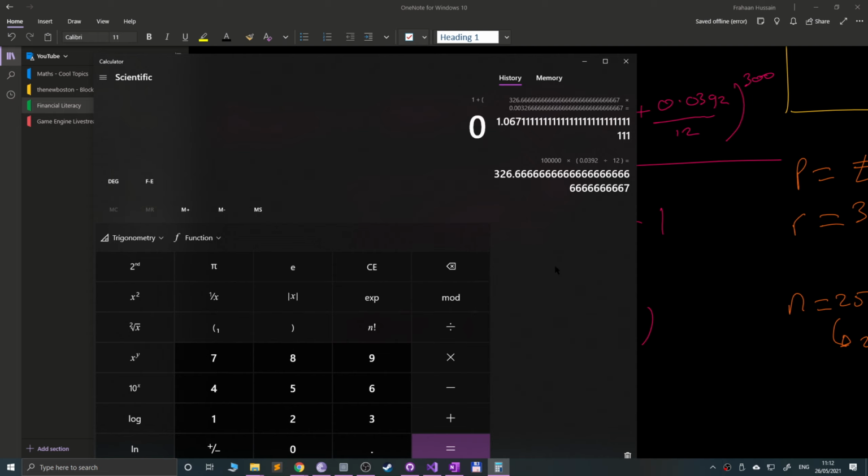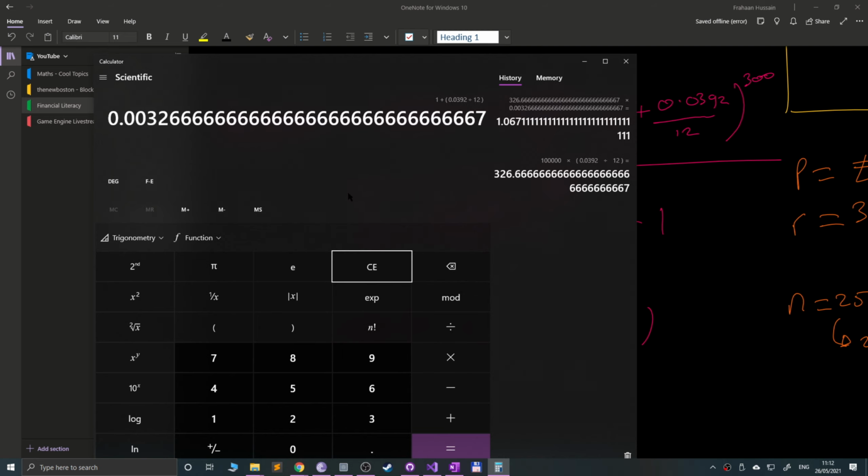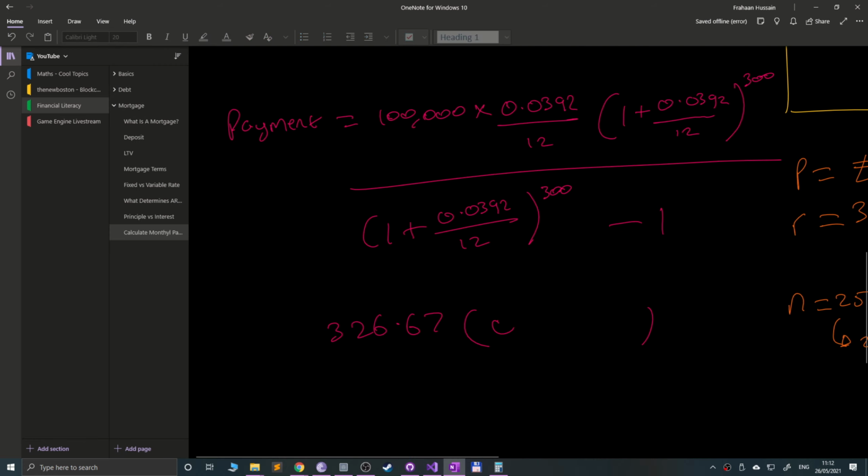So it's 1 plus 0.0392 divided by 12, which is 0.003267, rounded. Then 1.003267 to the power of 300. Pretty simple stuff.